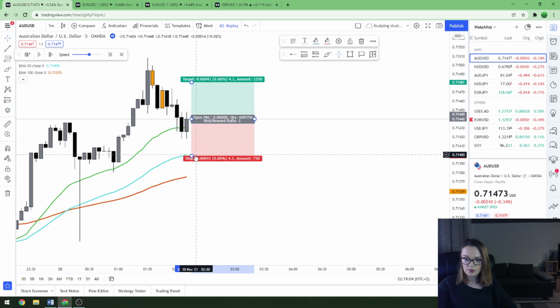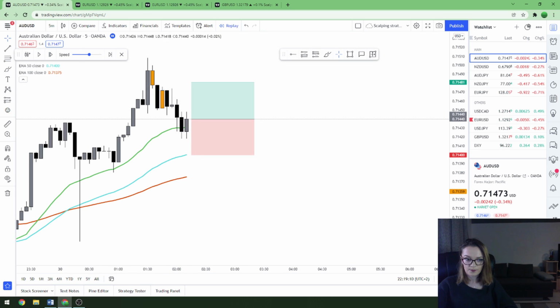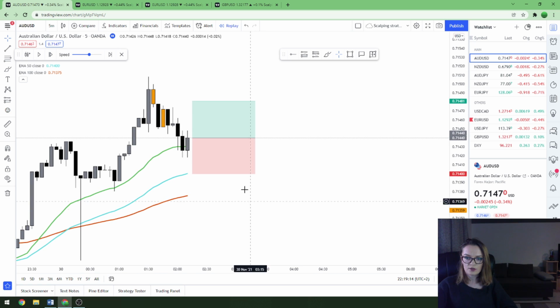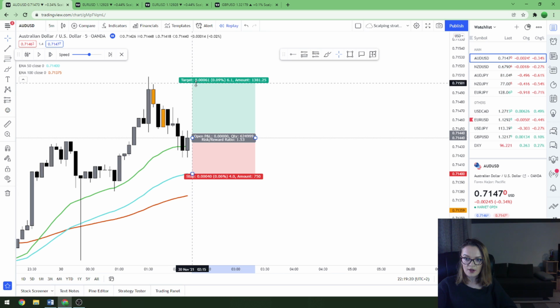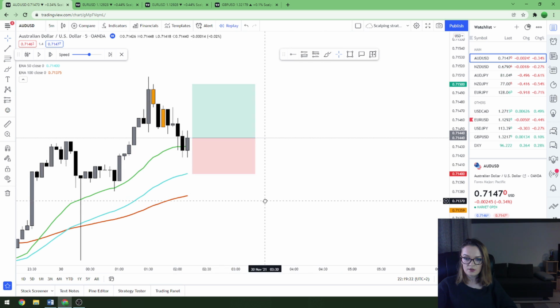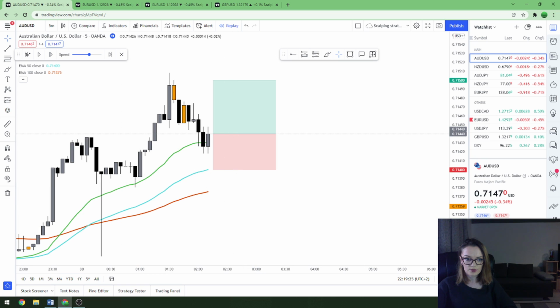Let's say we will put a buy here, and the stop loss will be right here on the 50 EMA. And also this strategy is telling us that the take profit should be at 1.5% of the stop loss.